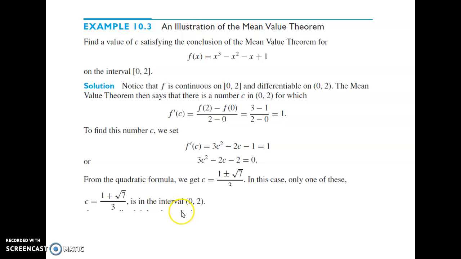Then that value is in 0, 2, therefore that is the answer. But 1 minus root 7 over 3 is not in the interval 0, 2, so that is not the answer. So the only answer is c equal to 1 plus root 7 over 3. Use the calculator. You see this value is between 0 and 2. Whereas 1 minus root 7 over 3, the second root, is not in this interval.